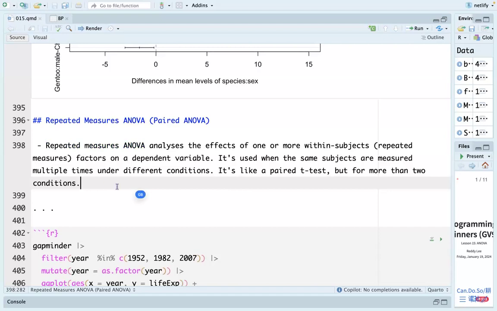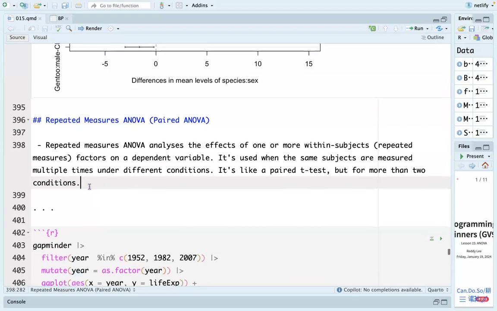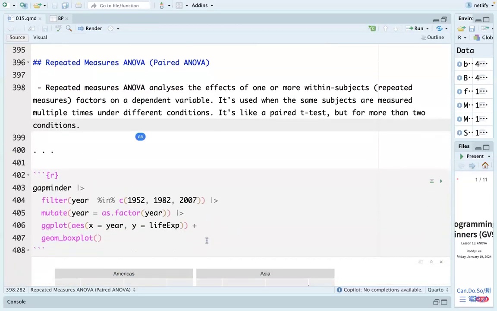For example, we want to test patients after they take some pills, maybe half a year later and 1 year later, or even 2 years later, we can compare the different stages. But in a t-test, we can only compare two stages, two conditions.